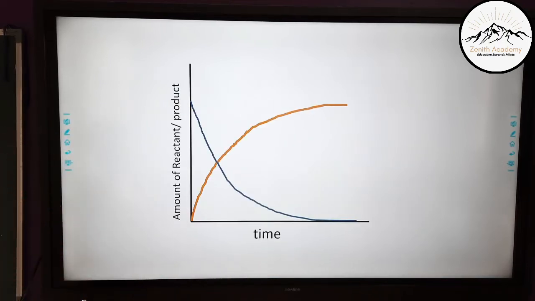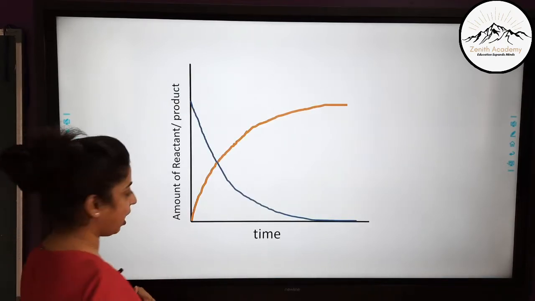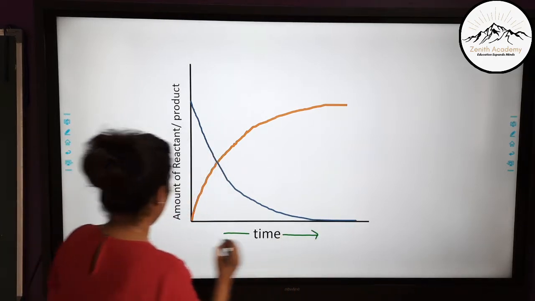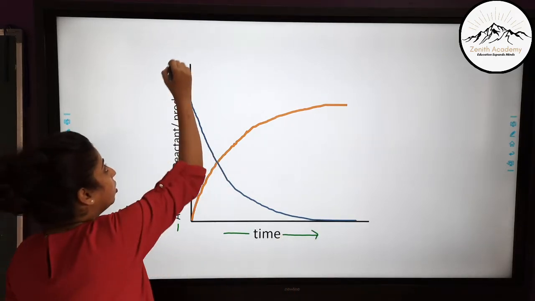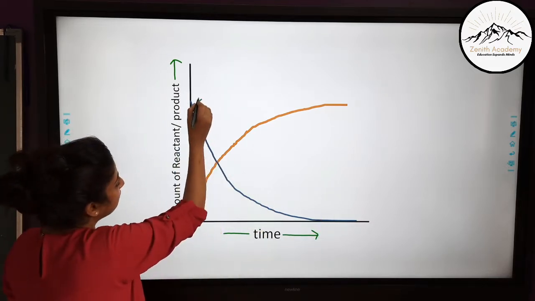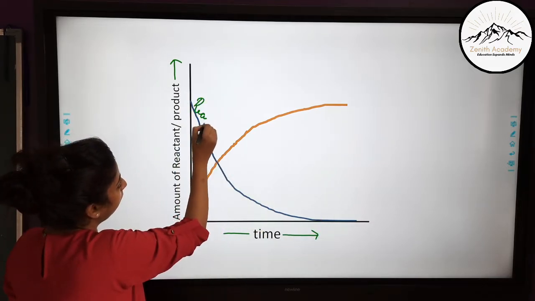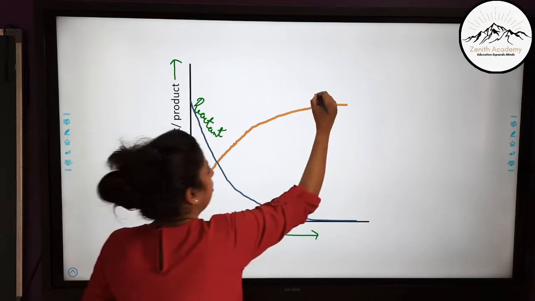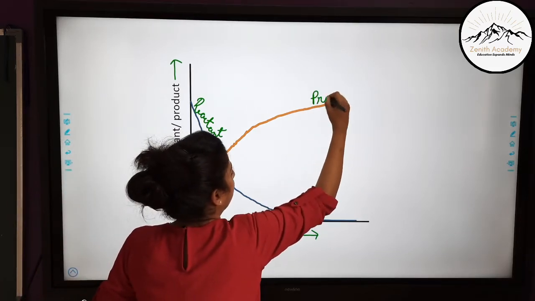So if we plot a graph of any reaction that is happening, and if we see that with time how is the amount of reactant or product varying. Okay, so if we take this blue line as reactants and this as for product.